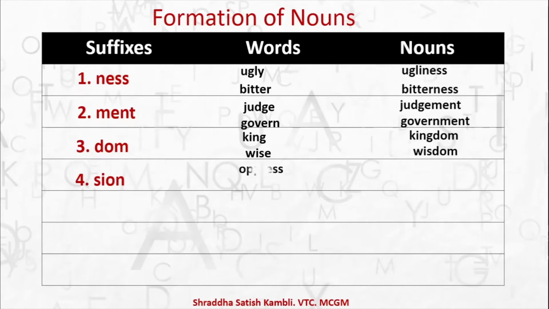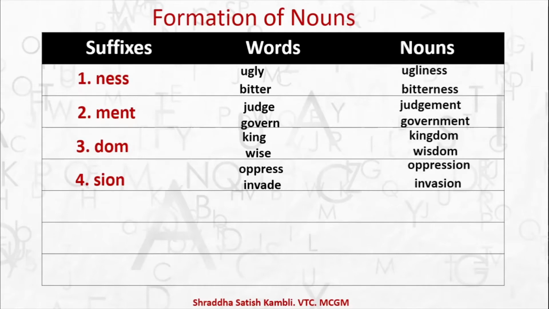So oppress becomes oppression and invade becomes invasion. So I want you to notice the pattern here. Whenever there is a Y at the end, you drop the Y, add an I, and whenever there is an E at the end, sometimes you drop the E and then take on the affix, okay, or the suffix.